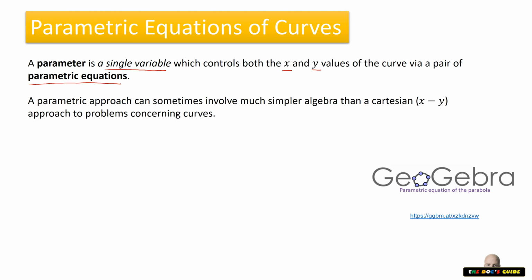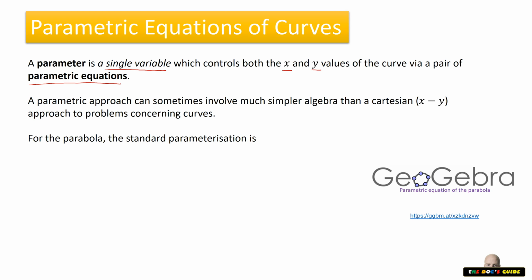The reason for going to a parametric approach is that often you can end up with simpler algebra than in a Cartesian approach. And a Cartesian approach is to do with the Cartesian plane, the xy plane. For a parabola, there's a standard parameterization.